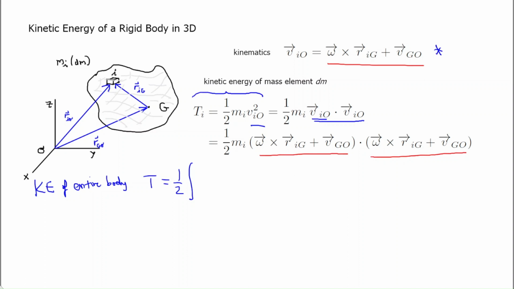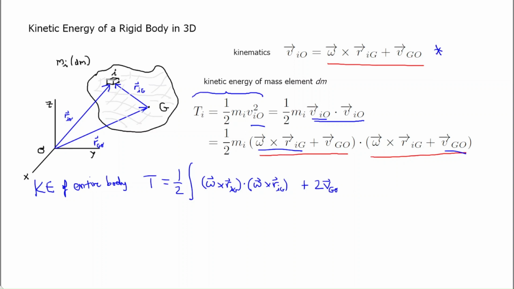And that we can write as if it's a binomial square up to a certain point. I'm going to take the first element in that binomial, omega cross r sub I g, and that first term is going to be squared, or if you like, the vector dotted with itself. Then I get 2 times the product of the 2 terms, just like in a binomial square.